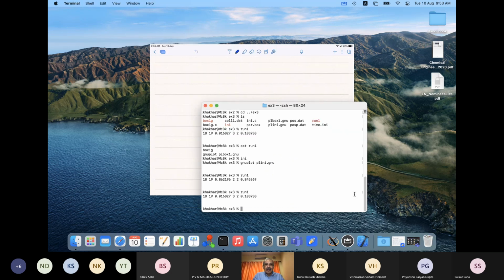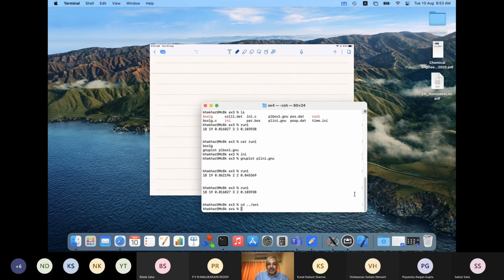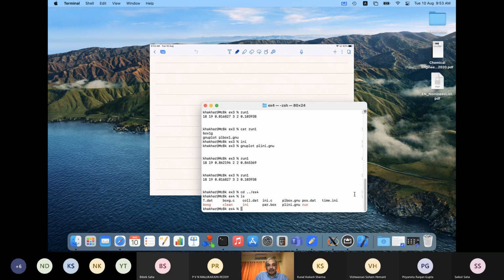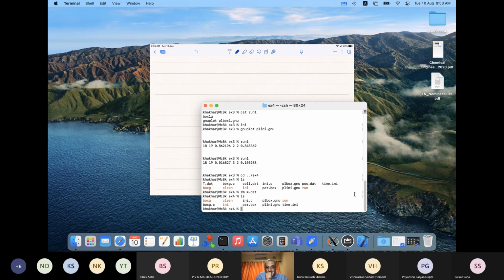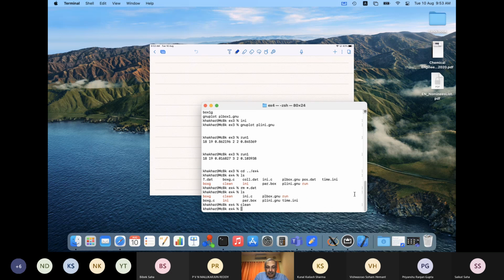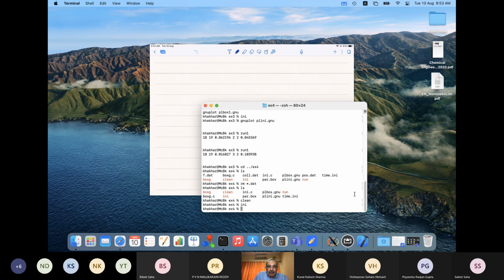And that's it. And then I finally want to show you example number 4. Now this is the same program as box, but it's called box G. I'll initialize it.